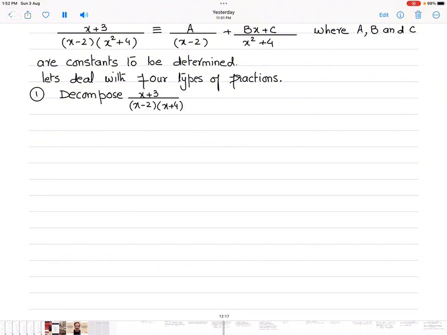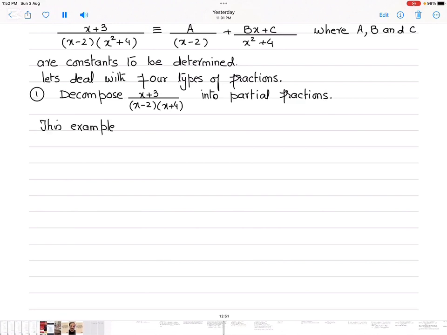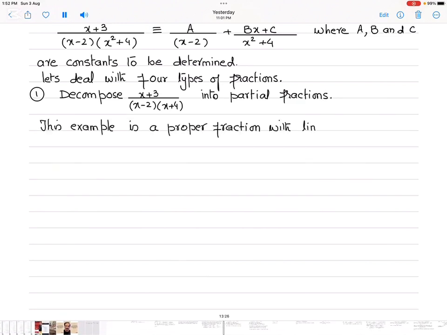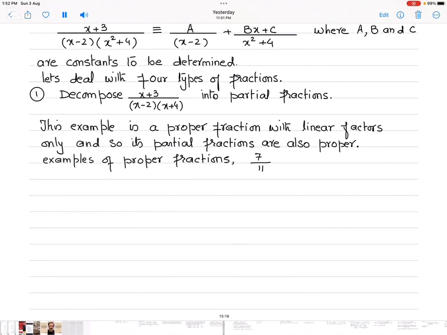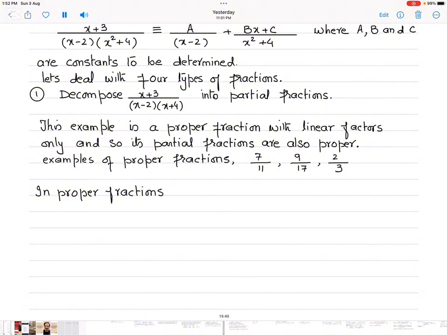Number 1. Decompose x plus 3 over x minus 2 times x plus 4 into partial fractions. This example is a proper fraction with linear factors only, and so its partial fractions are also proper. Examples of proper fractions: 7 over 11, 9 over 17, 2 over 3.